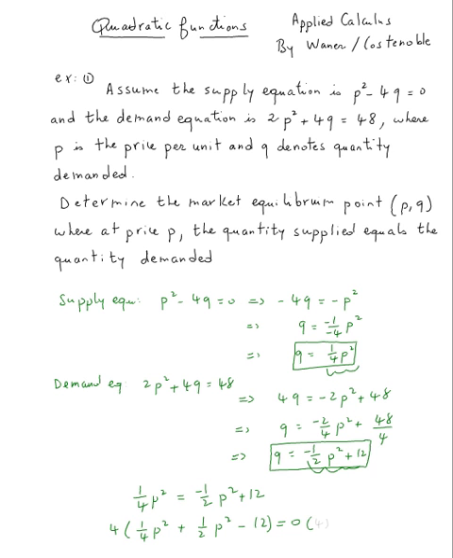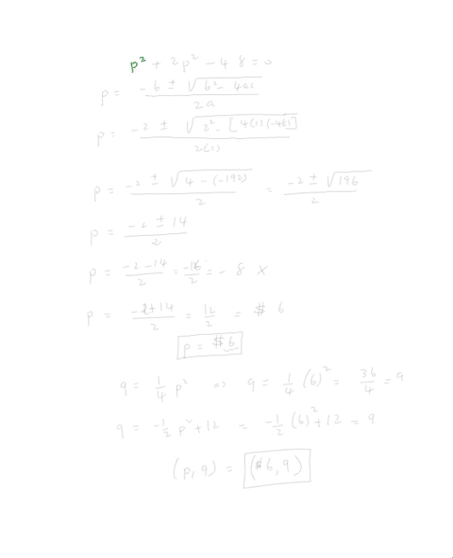So if we multiply the left side by 4, the right side by 4, we'll get 4 times 1 over 4 is p squared, so it's p squared plus, and then it's 4 times 1/2, 4 times 1/2 is 2, so 2p squared minus 48, and we want this to be equal to 0.